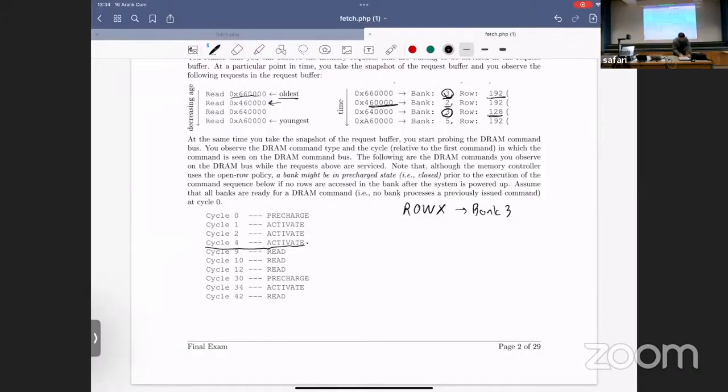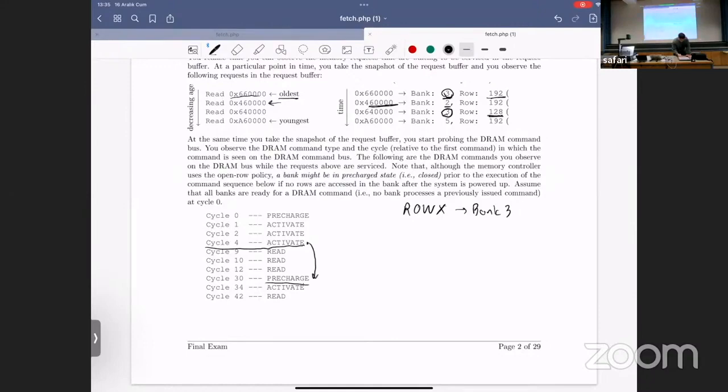So to do that, the memory controller will send a pre-charge command before it activates row 128 in bank 3. And this is that pre-charge command because there's nothing else to pre-charge here. And the memory controller applies open row policy if you look at the bullets. That means the memory controller is not interested in closing the bank after it opens it, and there are no further requests that target that bank, that row. So the other rows remain open. The only bank it needs to close is bank 3, and that is to serve the third request.